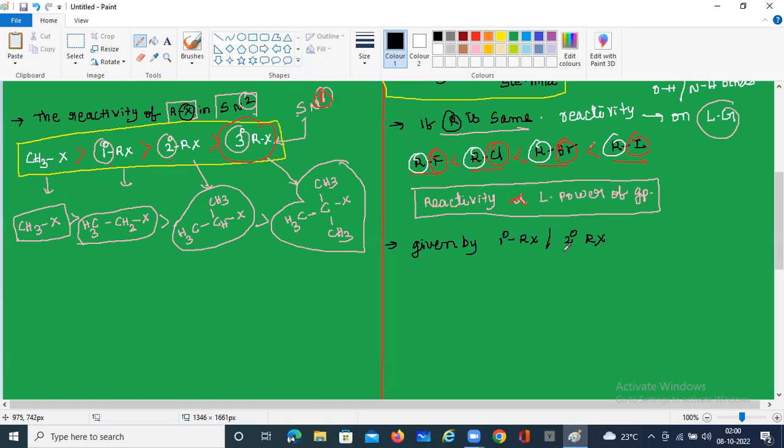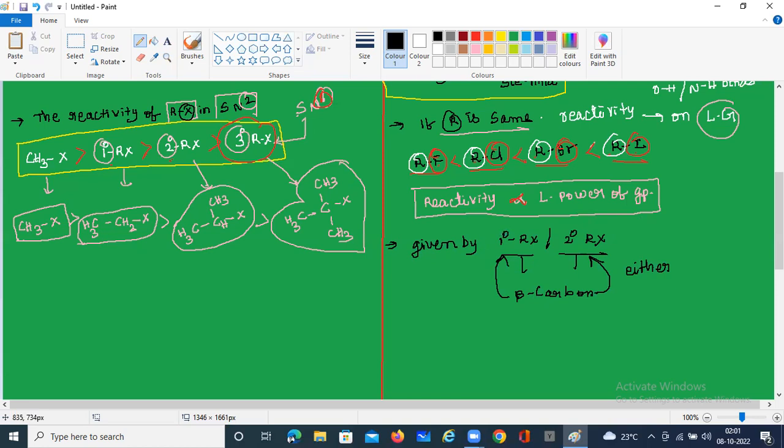Mostly what can we say about this? The beta carbon should be what again? That beta carbon should be either primary or secondary. Remember that. Okay na?